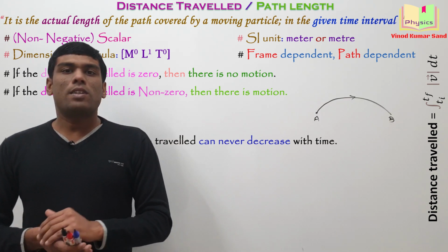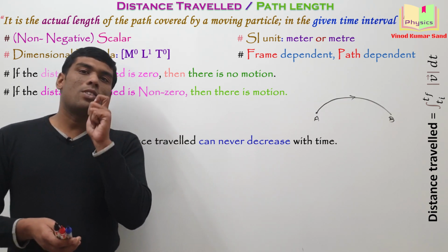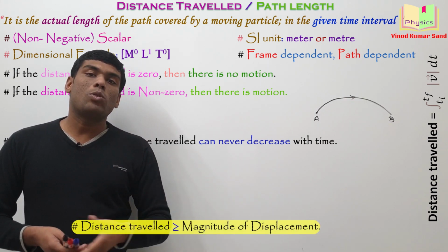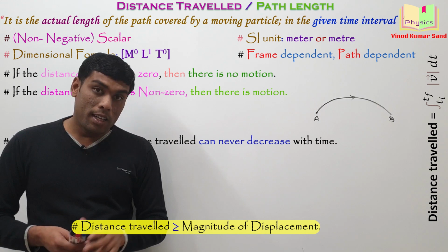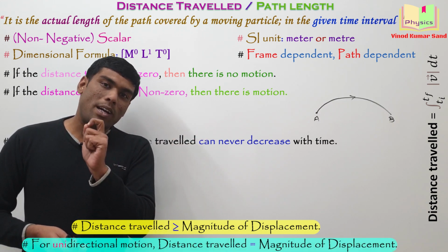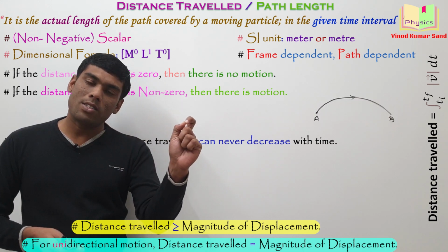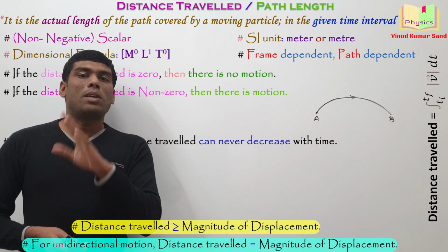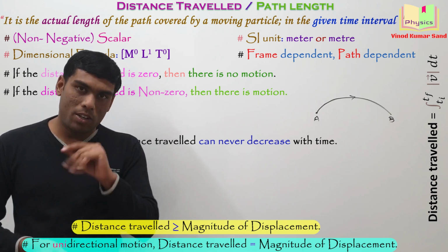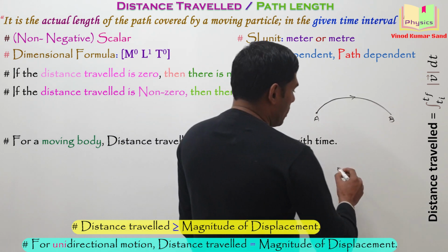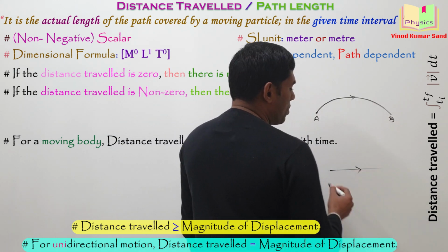Next important point, the distance traveled is always greater than or equal to the magnitude of the displacement. If the motion is unidirectional, meaning the particle is moving only in a single direction, then the distance traveled will be equal to the magnitude of displacement. For example, suppose there is a particle which is going like this.